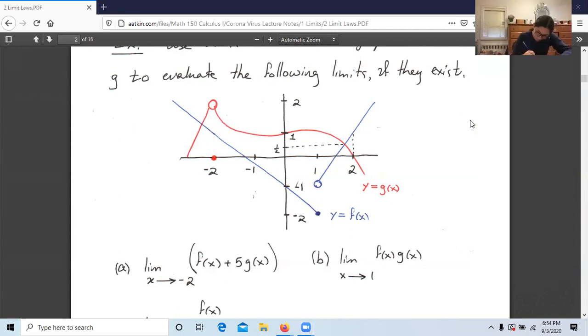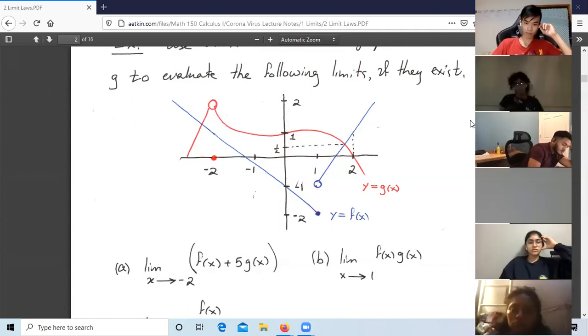Yeah, exactly, Zohib. Apologies for pronouncing your name. So at -2, you see we're climbing from left to right to 2, it seems. So the answer here is f approaches 1 and g approaches 2.